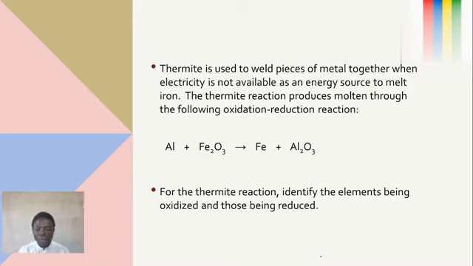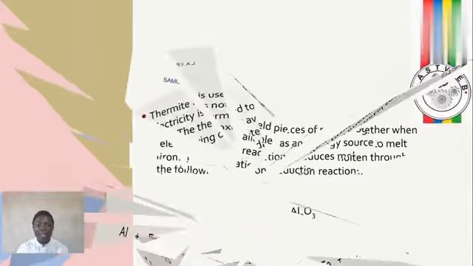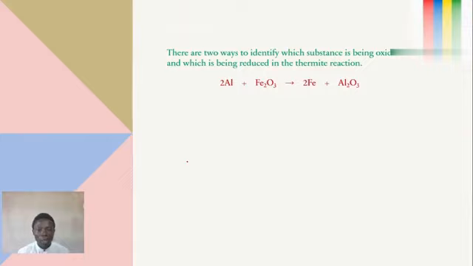So in this equation for the thermite reaction, we want to identify the elements being oxidized and those being reduced. So let's follow the class. We have two ways to identify that: by oxygen and by the electrons.